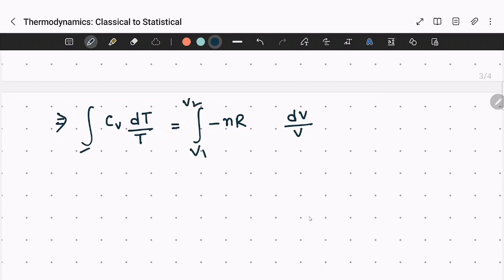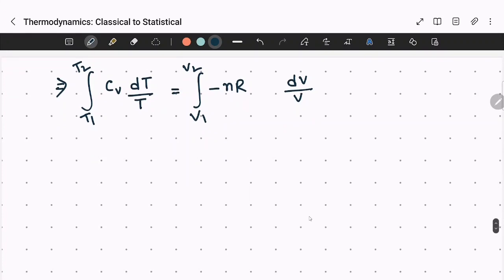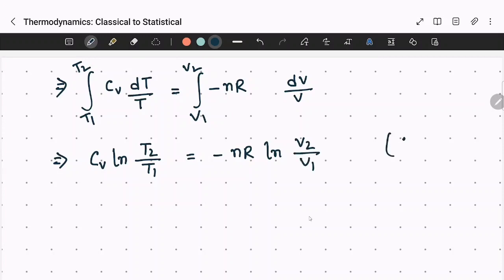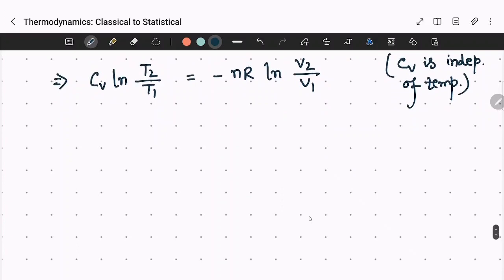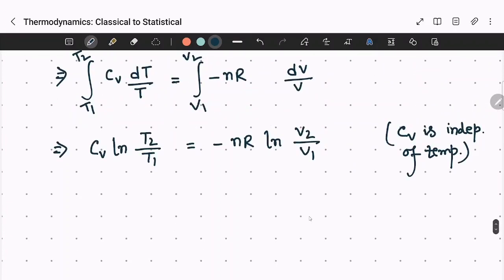This is mathematically correct. So what we will get is Cv ln T2 by T1 equals minus nR ln V2 by V1, considering Cv is independent of temperature.